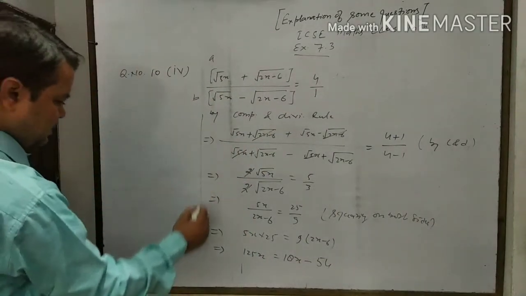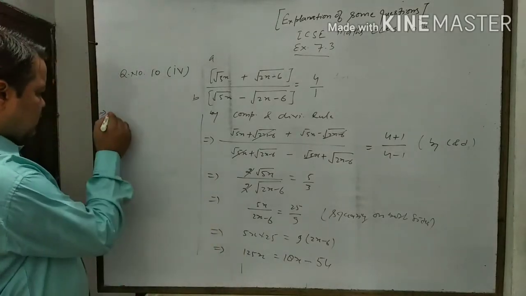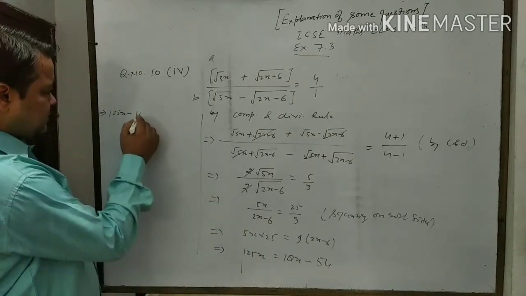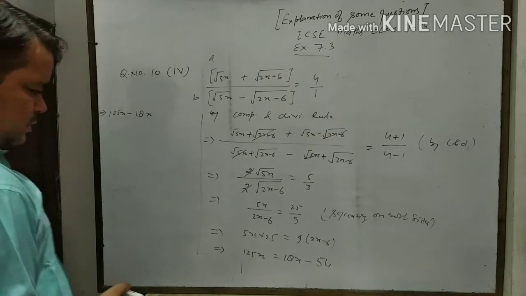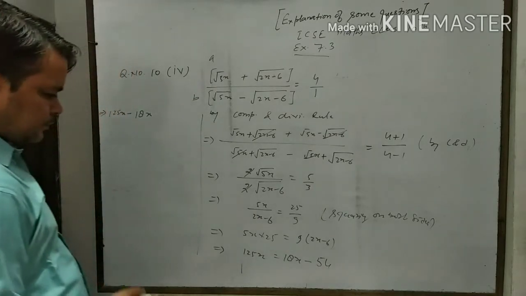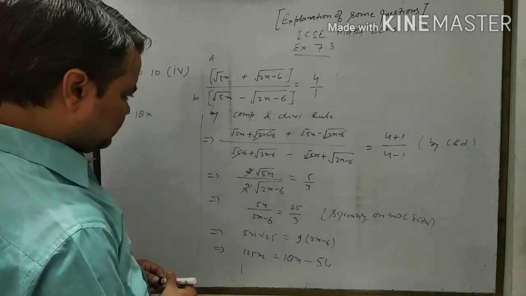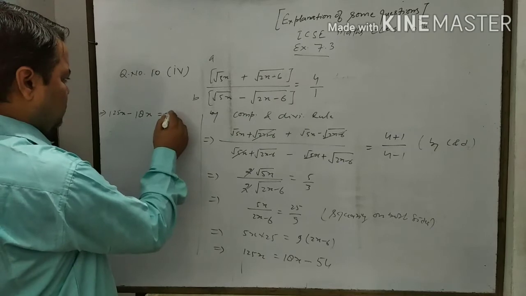After that, 125x minus 18x is equal to minus 54.